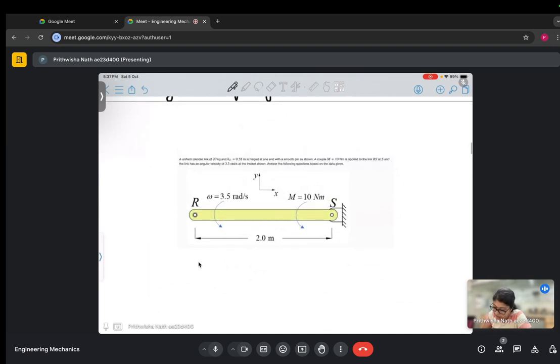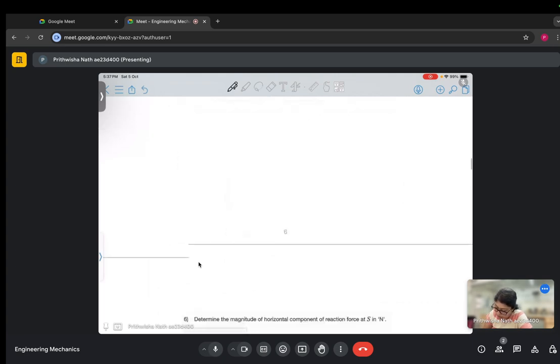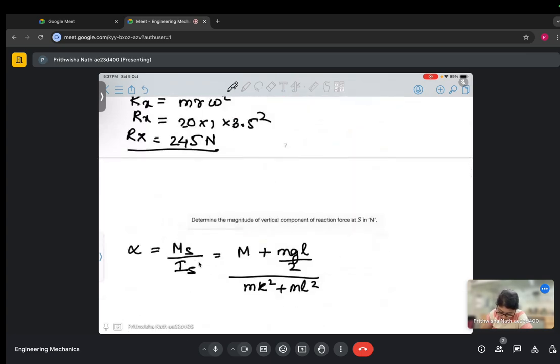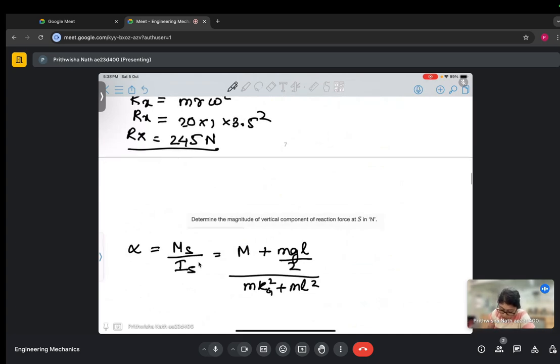K is nothing but 0.58. So we'll just substitute 20 plus m is 10, right?